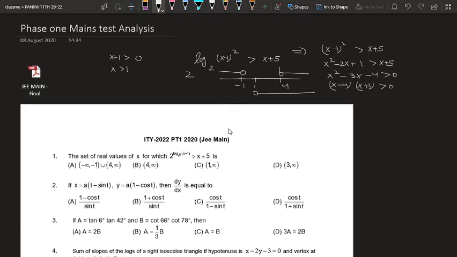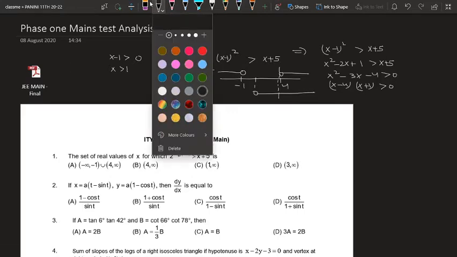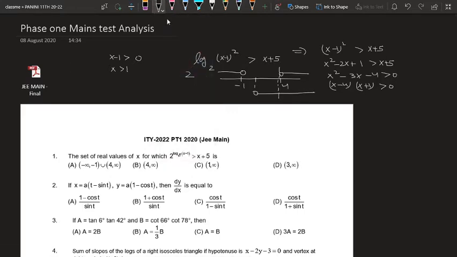Your answer is greater than 4. That means this should be the answer. Yes. Now we come to the second problem.